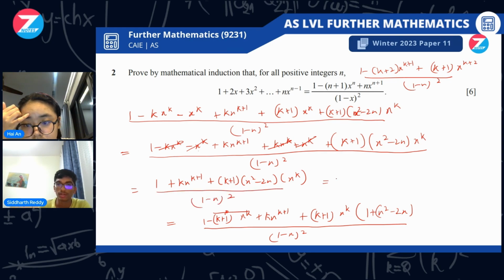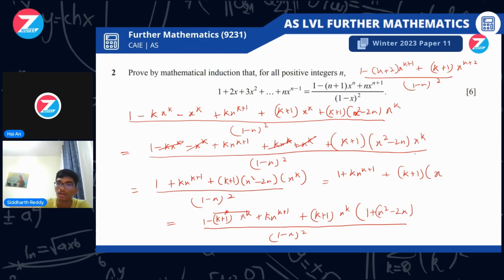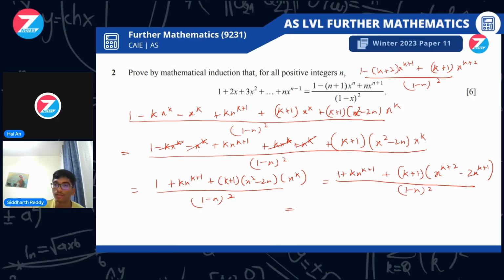So this part we can write as 1 plus kx to the power k plus 1 plus (k plus 1) times x to the power k plus 2 minus 2x to the power k plus 1, right? Got the k plus 1, so let's leave this part as it is. We can just try to match it. We can see that this (k plus 1) times x to the power k plus 2 is already matching, so let's only try to bring out this part.